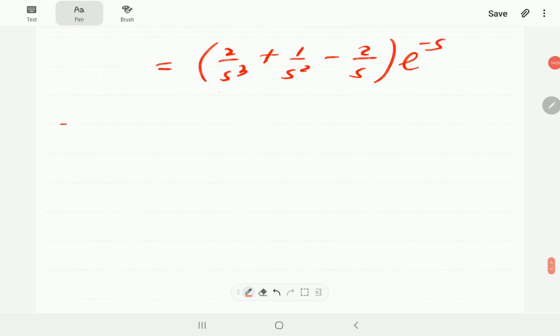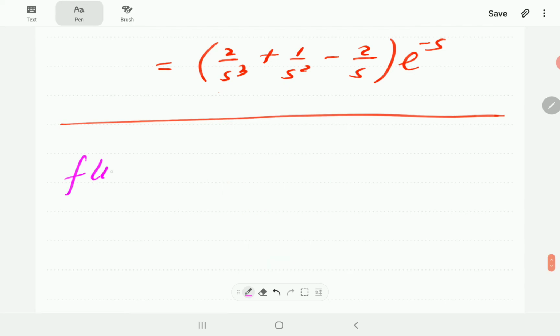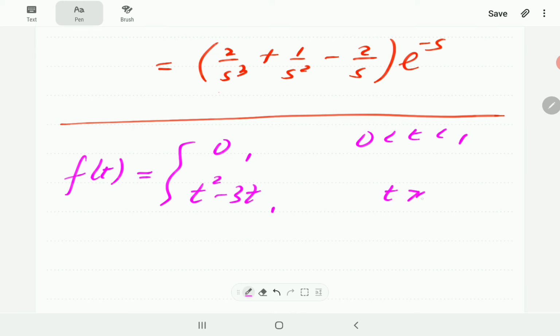Then using the method of Heaviside functions, remember this time f of t is 0 in this interval, t squared minus 3t in this interval.